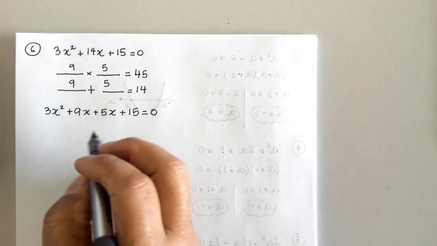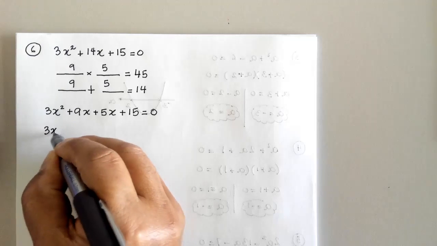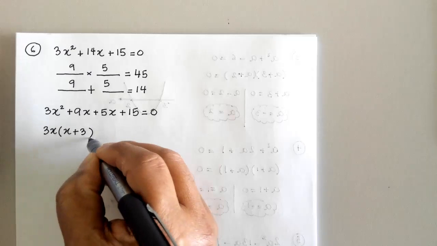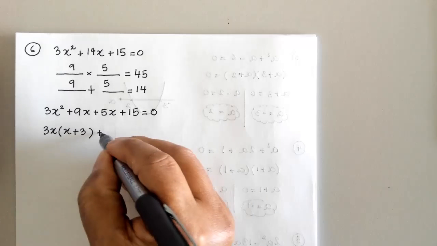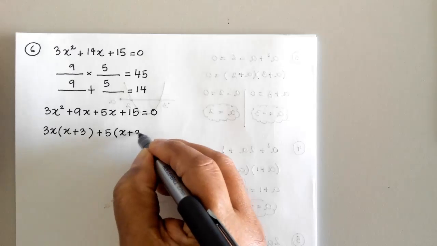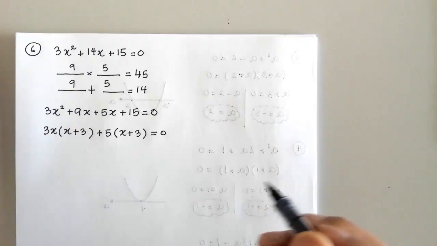And then we're gonna have common factor is 3x, x plus 3, and then this one 5 is the common factor, and then we're gonna have x plus 3, which is the common brackets.